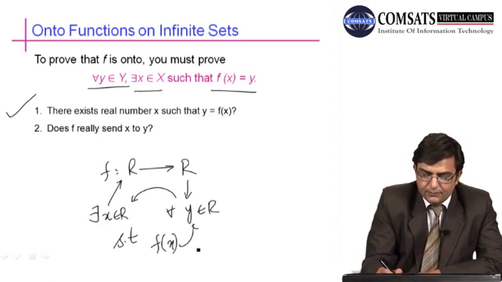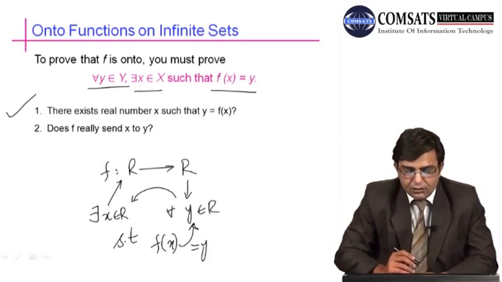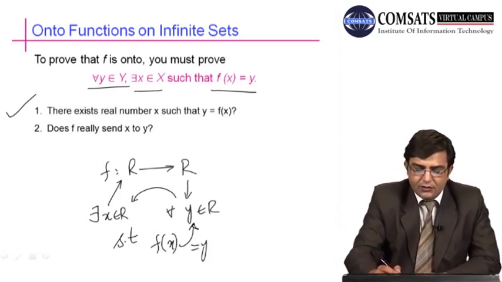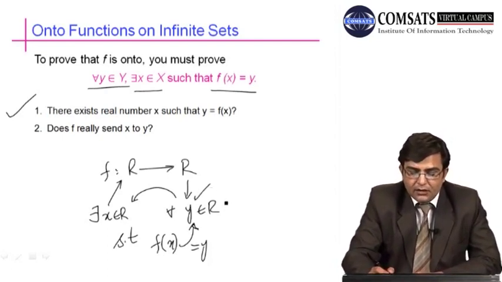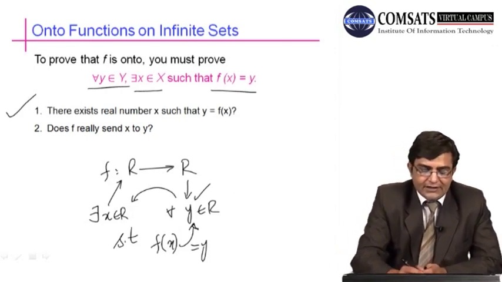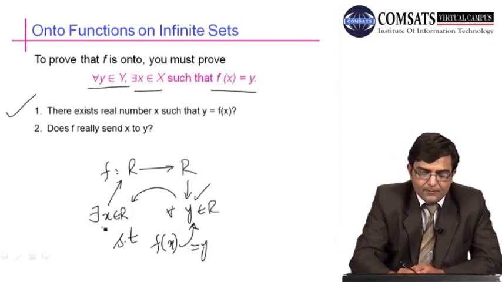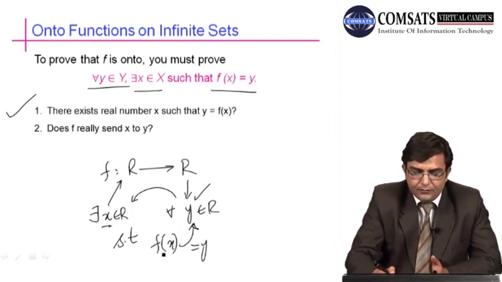So we have to prove this. First of all, we suppose that y is any element of R, and then we shall try to find some x belonging to R such that f of x is equal to y, meaning f sends x to y.